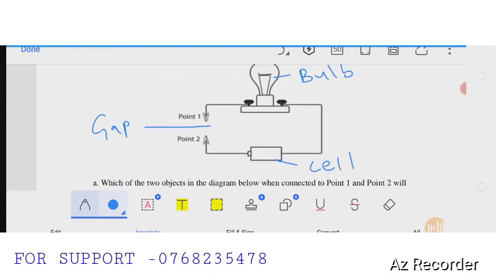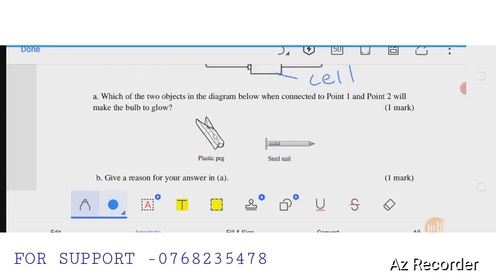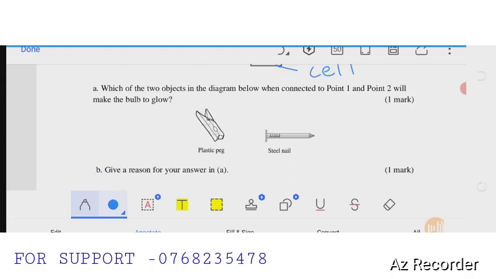So that means that that object should be a good conductor of electricity. So we have a plastic bag and we have a steel nail. So automatically, plastic is not a good conductor of electricity, so we'll go with the steel nail. So the question, let me read the question again. Which of the two objects? So the object is the steel nail. That's the object. I can just underline like that.